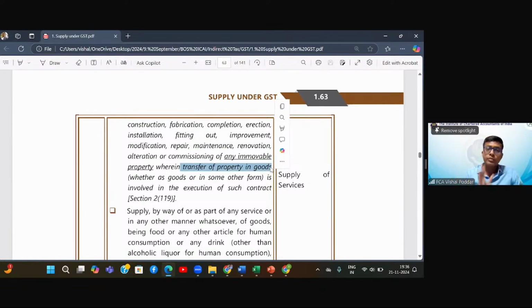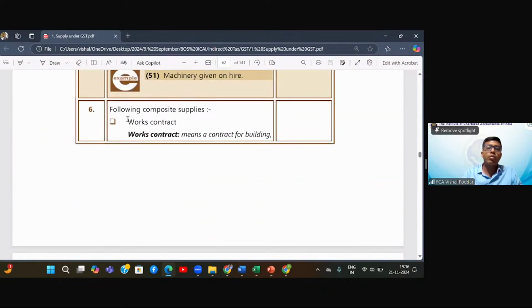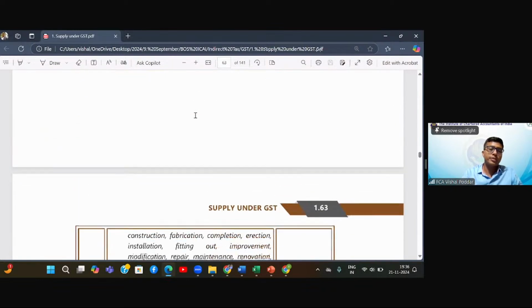So all the items which are fitted, which has made up your flat, some which you can see like the tiles, like the wall paints, etc. And some which you cannot see, that is the cement, the steel inside. But all things are transferred by the builder, but as a composite supply, not as different things. That is why this entire is coming with a heading of the word composite supplies.